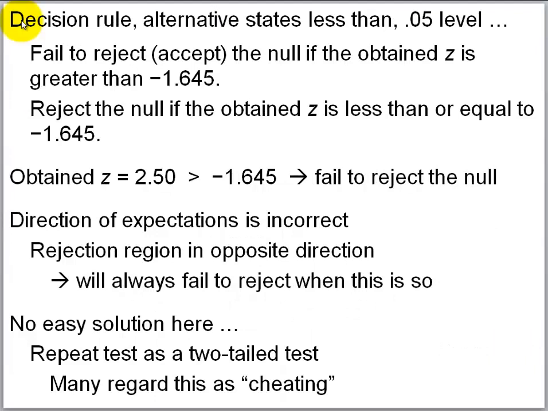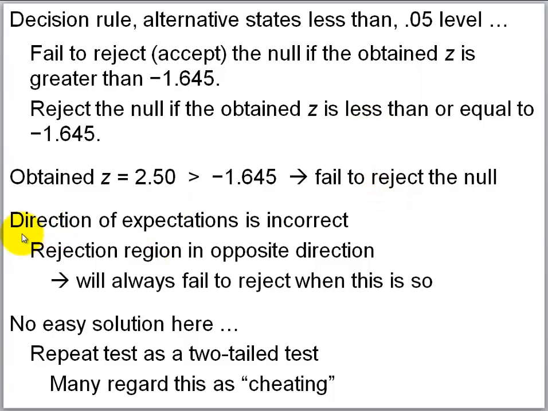Here's the decision rule where the alternative states less than and the 0.05 level is used. And it calls for failing to reject the null if the obtained z is greater than minus 1.645. Our obtained z is greater than minus 1.645, therefore we fail to reject the null. What's going on in this example?